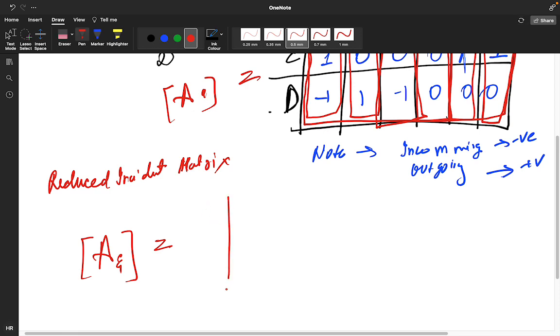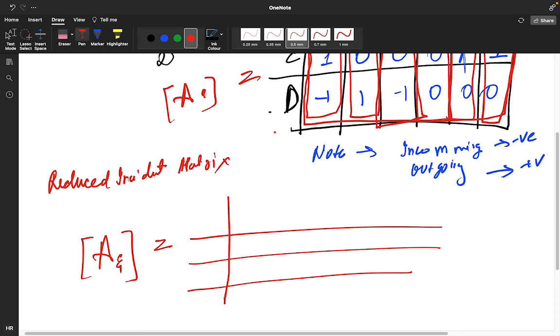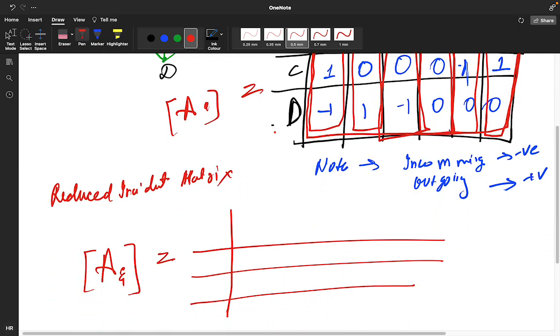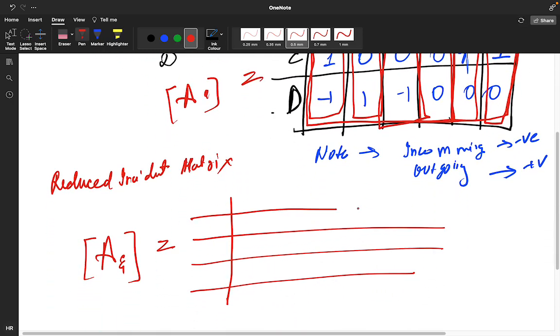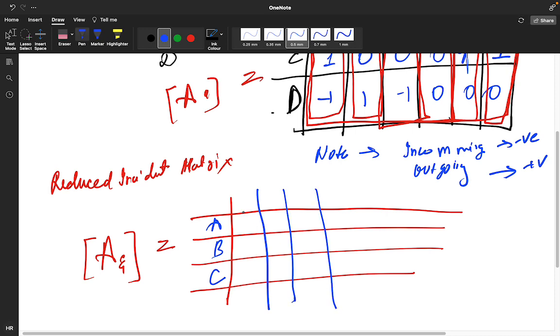There were 4 nodes, so you should take 3 nodes only: A, B, C. But you have to take all the columns, 1, 2, 3, 4, 5, 6.